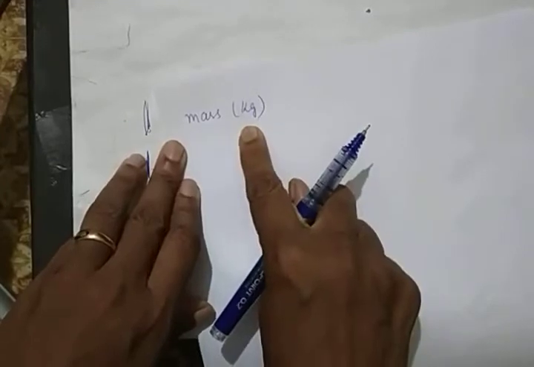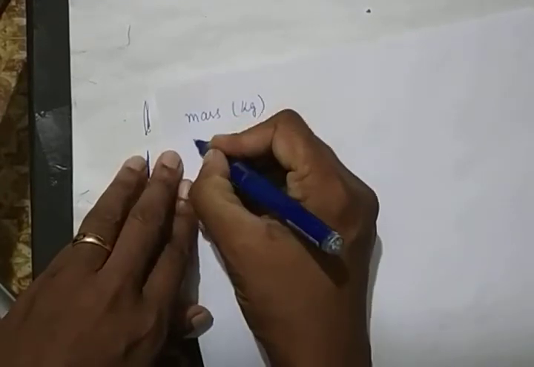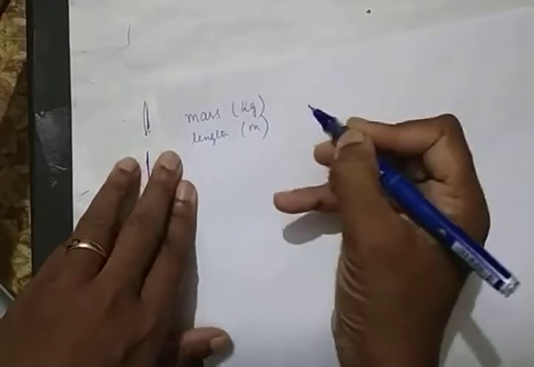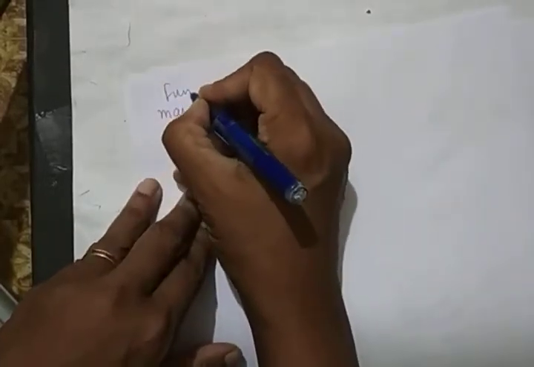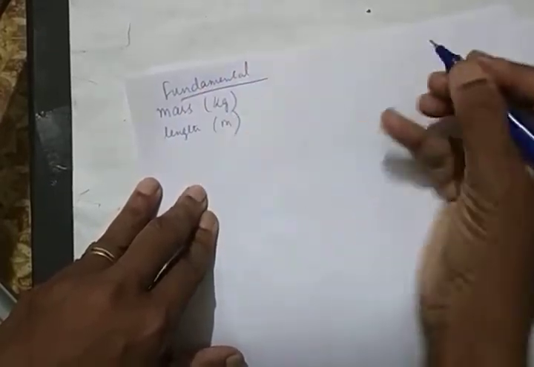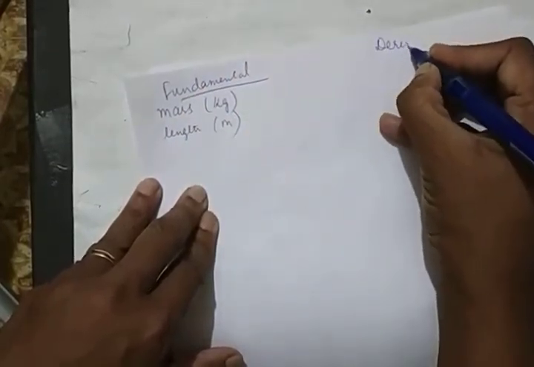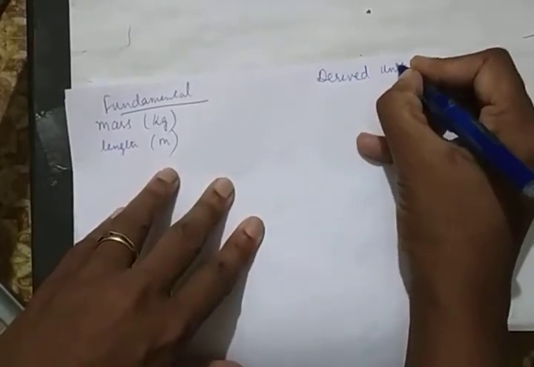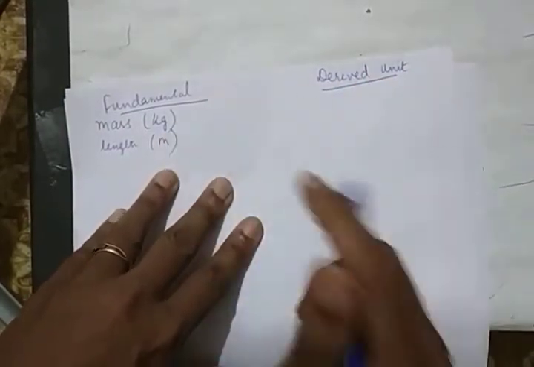I didn't derive this kg from anything. Length is a fundamental quantity and its SI unit is meter. These are fundamental quantities. Derived units are the units that are derived from fundamental units.